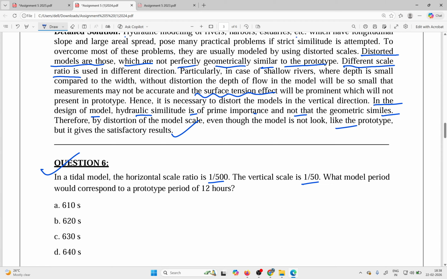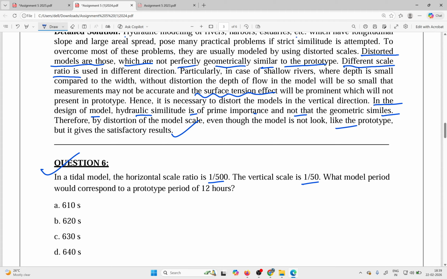In the previous question we solved, there was only a single scale ratio, that is 1 is to 100. But here the vertical scale is different from the horizontal scale. So now you can understand what a distorted model is and what distortion is.